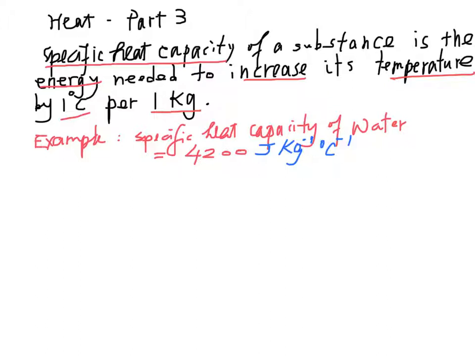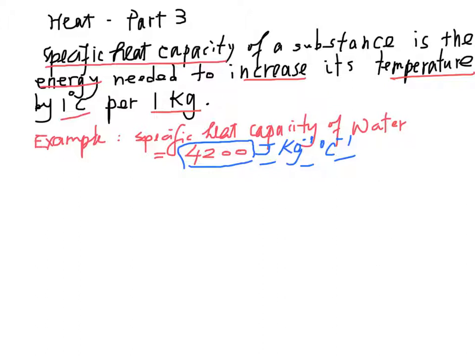For example, the specific heat capacity of water is 4,200 joules per kg per degree Celsius, which means that we need 4,200 joules of energy in order to raise the temperature of 1 kg of water by 1 degree Celsius.